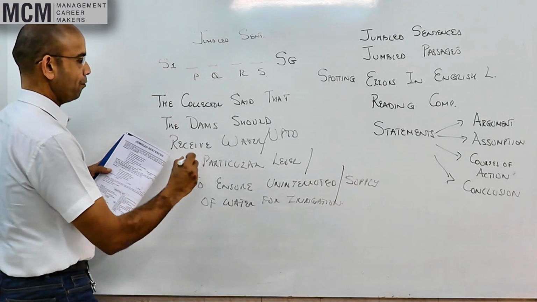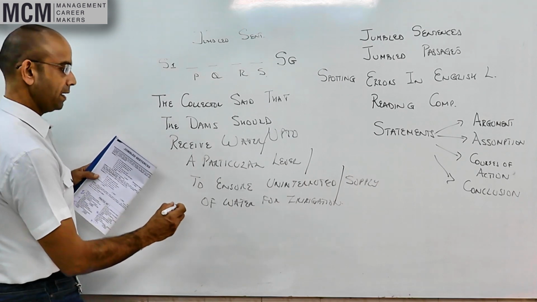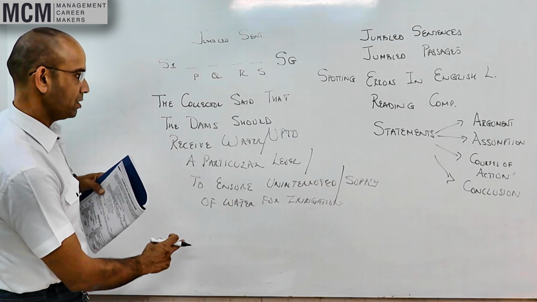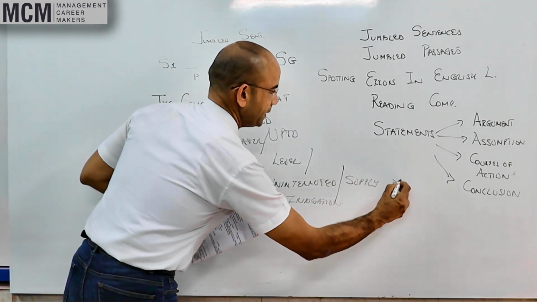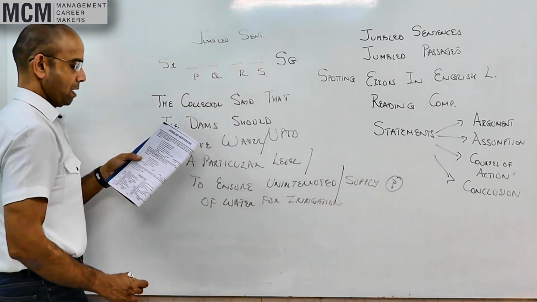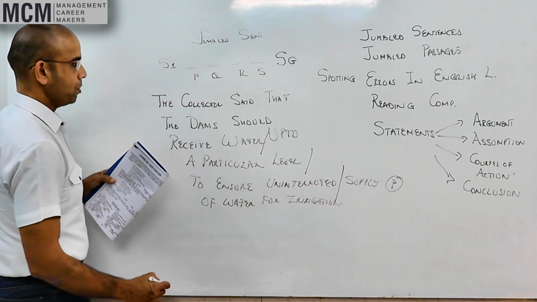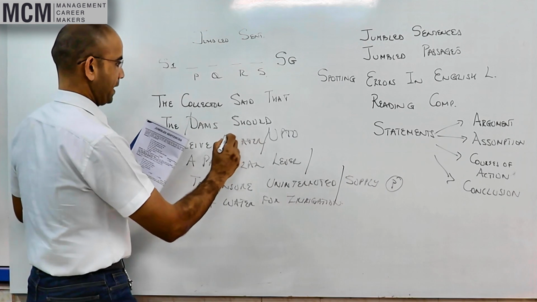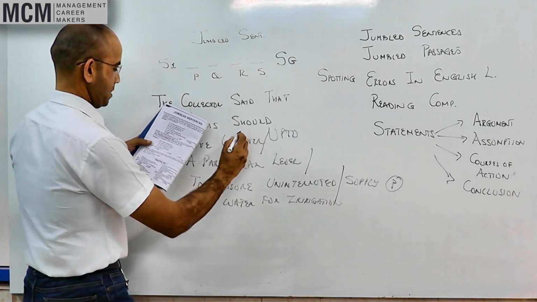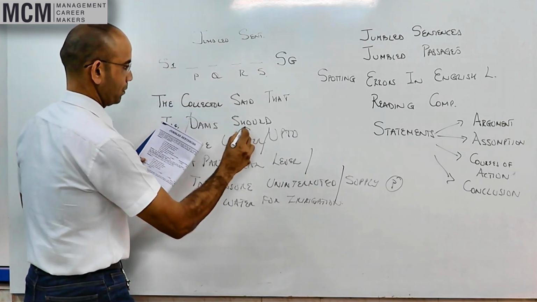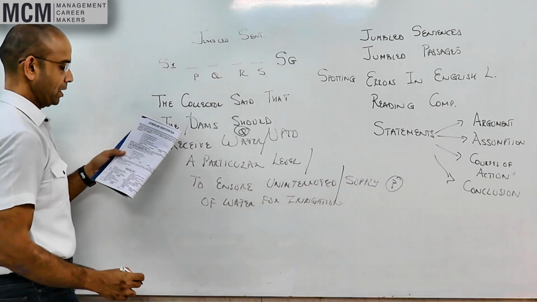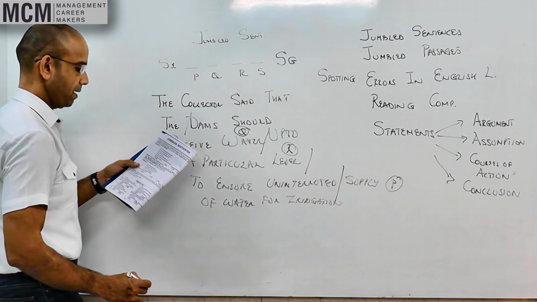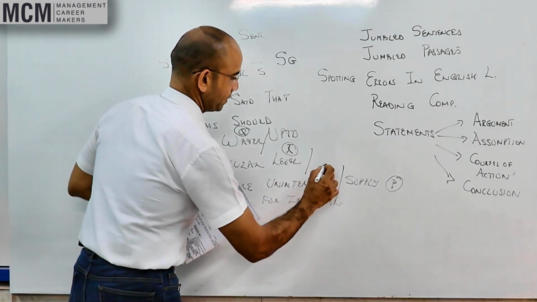So, for example, supply of water for irrigation, we put this as P. Dam should receive water, they've put under Q. Up to a particular level, they've put as R. To ensure uninterrupted is S.